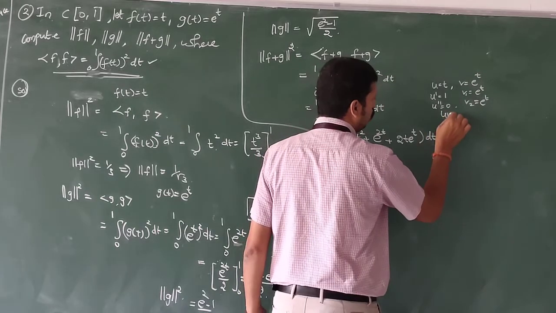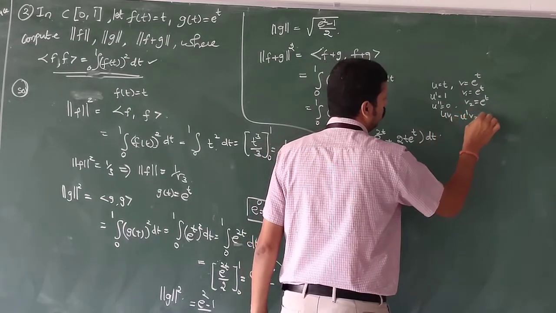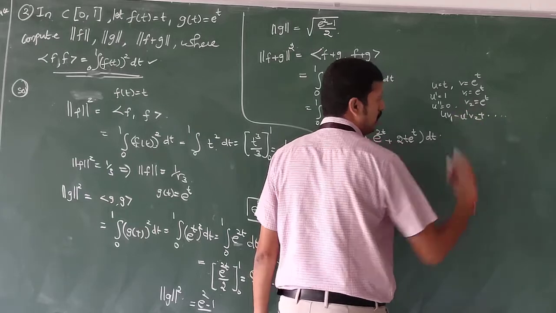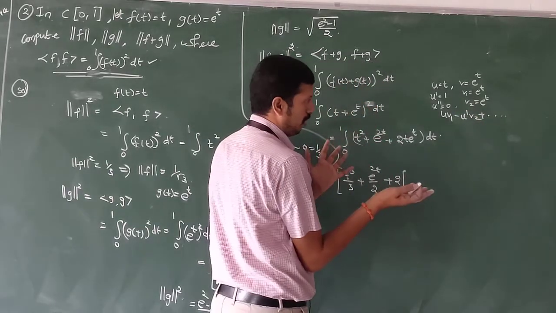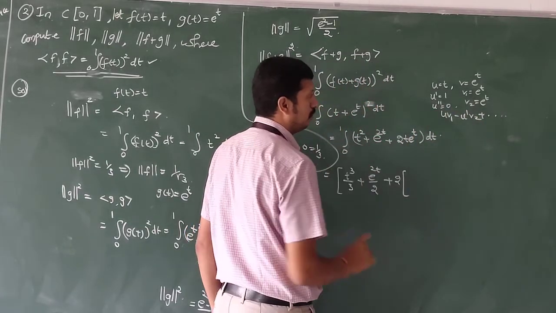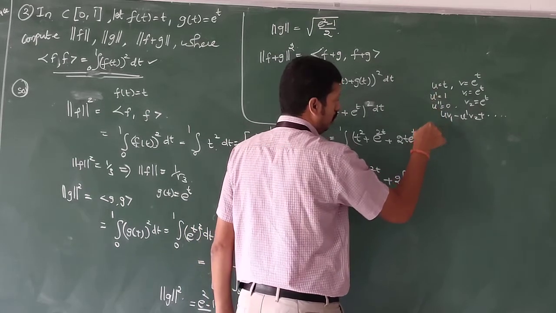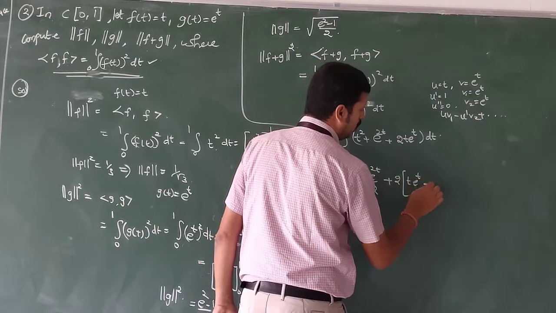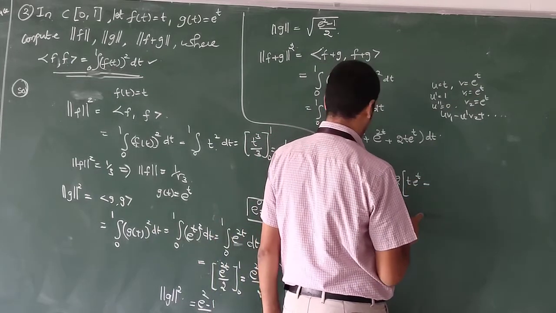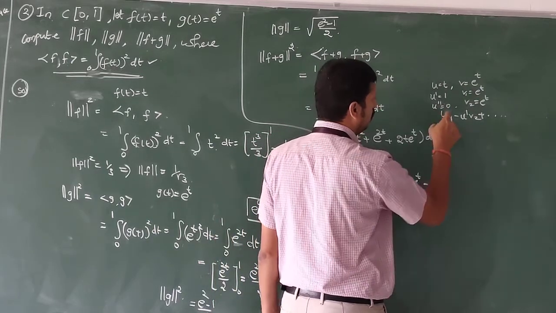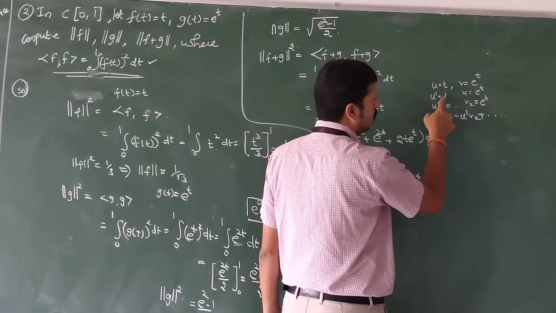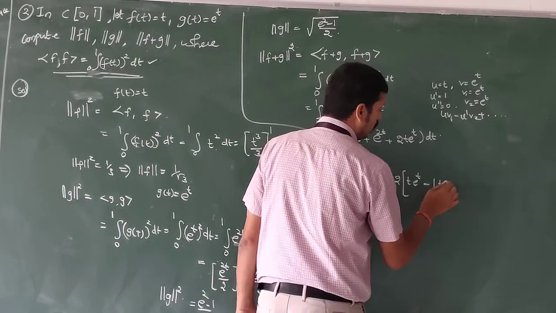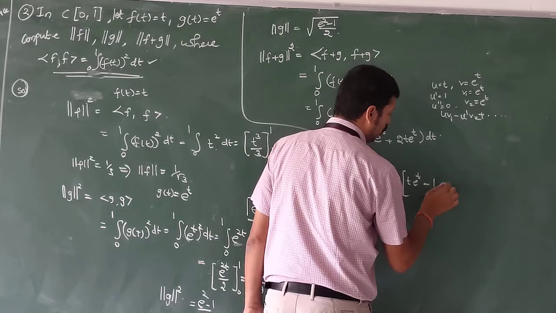So, what is the formula? u v1 minus u dash v2 plus etc. u double dash becomes 0, so we do not need to take that. So, this one is enough. 2 into u into v1, u into v1 means t into e power t, minus u dash. What is u dash? u dash is 1 into e power t, right, 1 into e power t.